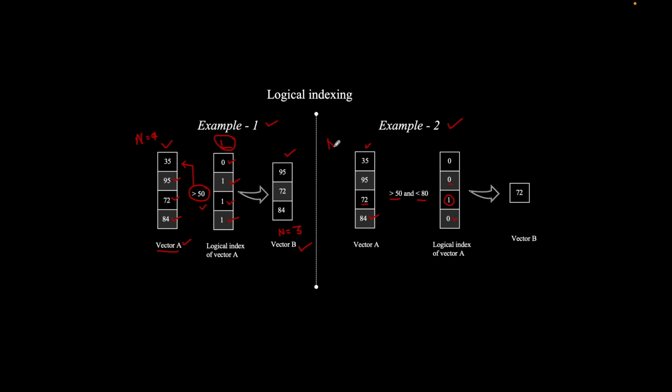Here n is 4, but after the operation you get only n equal to 1. So this is how the data is getting reduced and you can do the processing faster, because the size of the data is also reduced. That will help you to do better programming in this case.